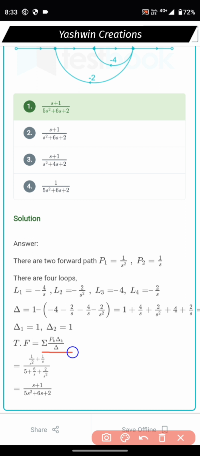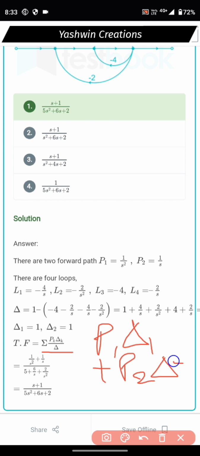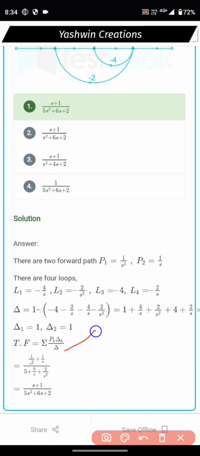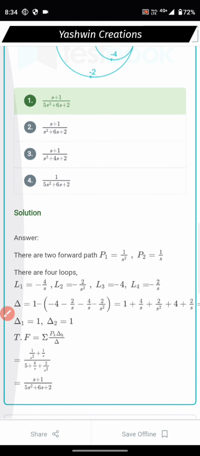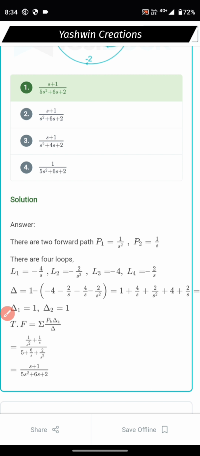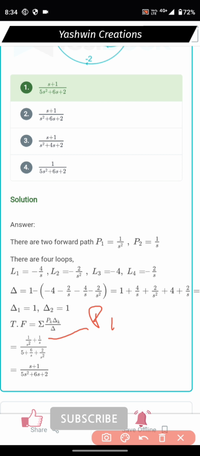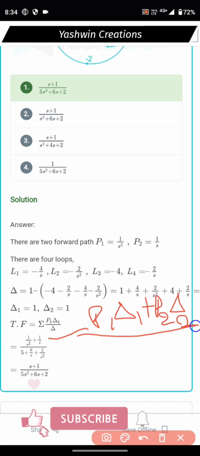So now we have two paths: P1 into delta 1 plus P2 into delta 2, divided by delta.